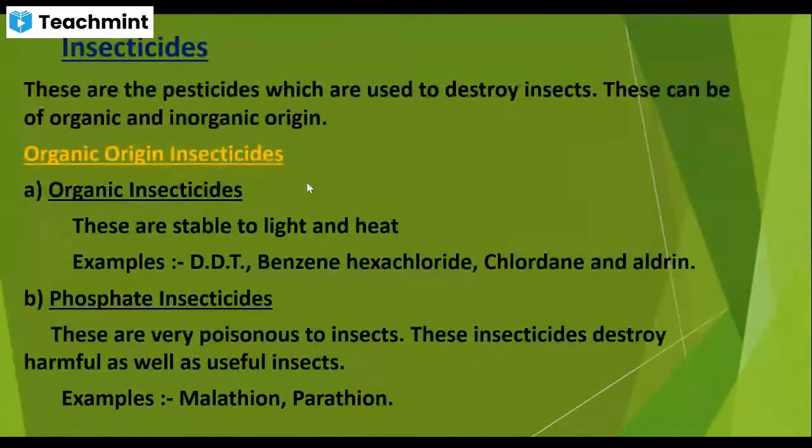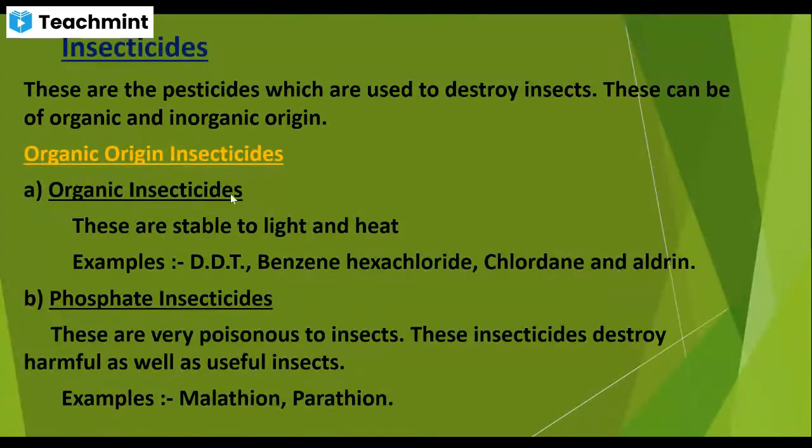This can be of organic and inorganic origin. There are two types of insecticides: one is organic and another one is inorganic. Here, organic origin insecticides. Already we have seen DDT, then benzene hexachloride, chlordane and aldrin.